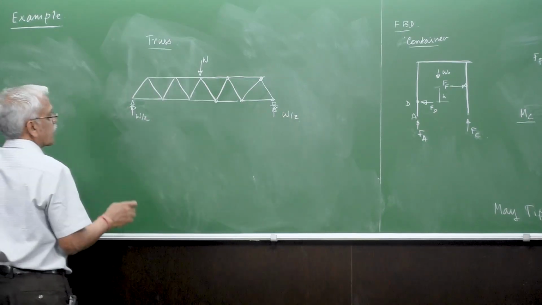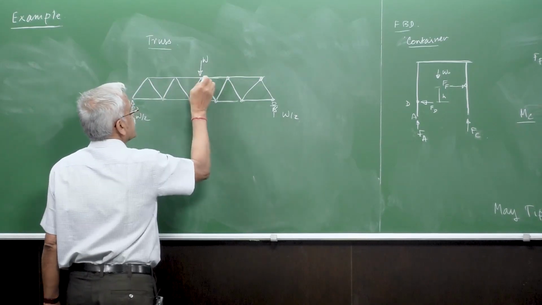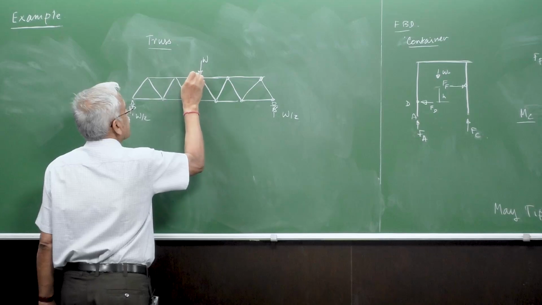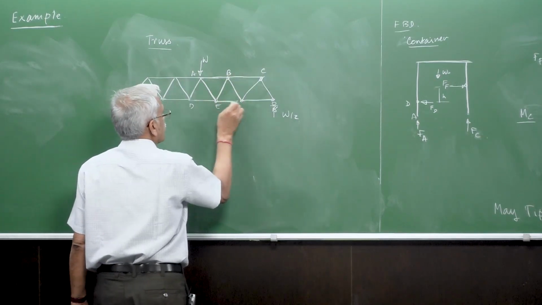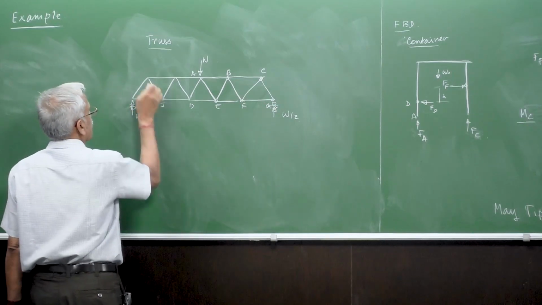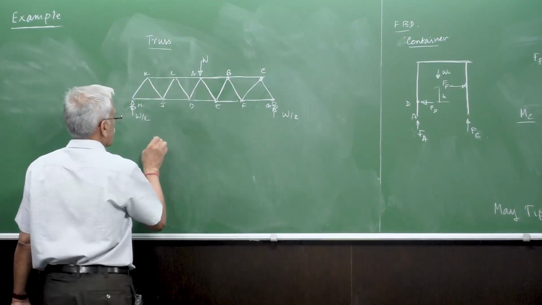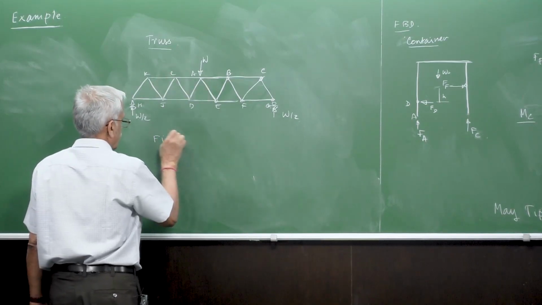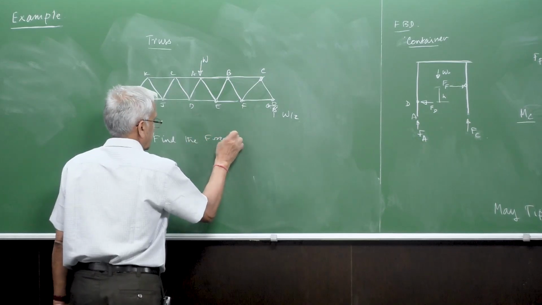So this is a truss problem, and many times you would like to find out, say, A, B, C. So many times you would like to find the force in AB.